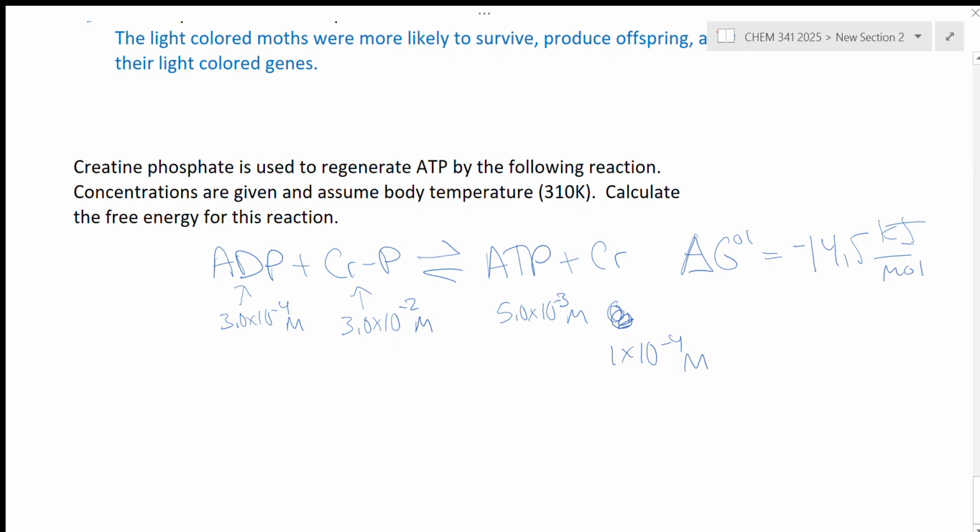So go ahead and work that. And remember that R is 8.314 joules per mole Kelvin. Anybody need me to write the equation down?